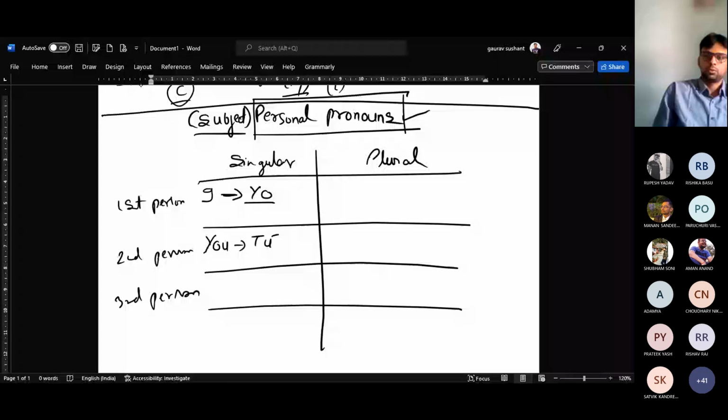If you are just using this without the accent, it will be simply tu. It has a lot of importance because if you do not put this accent, the meaning will change completely. Here with accent is you, and here without accent it has now become your. So your is not a subject, it's a possessive adjective, isn't it?